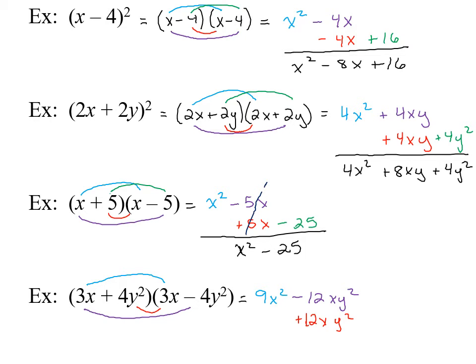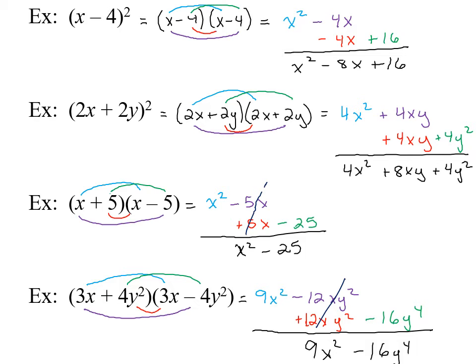And the last ones, 4 times negative 4 is negative 16y to the fourth. So when you add them together, again, the 2 in the middle cancel to give you 9x squared minus 16y to the fourth.